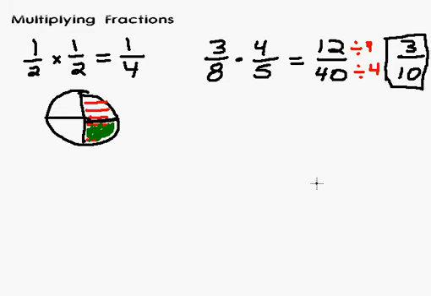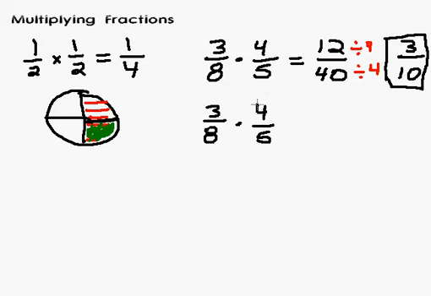Alright. Now, I want to show you with this same exact problem, 3/8 times 4/5, a little technique that you can use to avoid having to reduce at the end. And it's called canceling. Now with canceling, what you're looking for is you're looking at the numbers in the numerator, the 3 and the 4, and the numbers in the denominator, 8 and 5, and you're asking yourself, are there any numbers that go into one number from the numerator and the denominator?